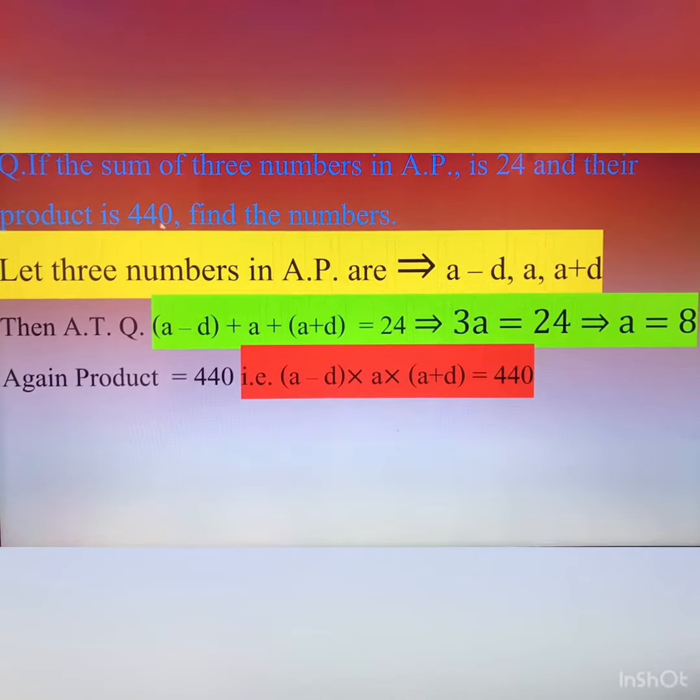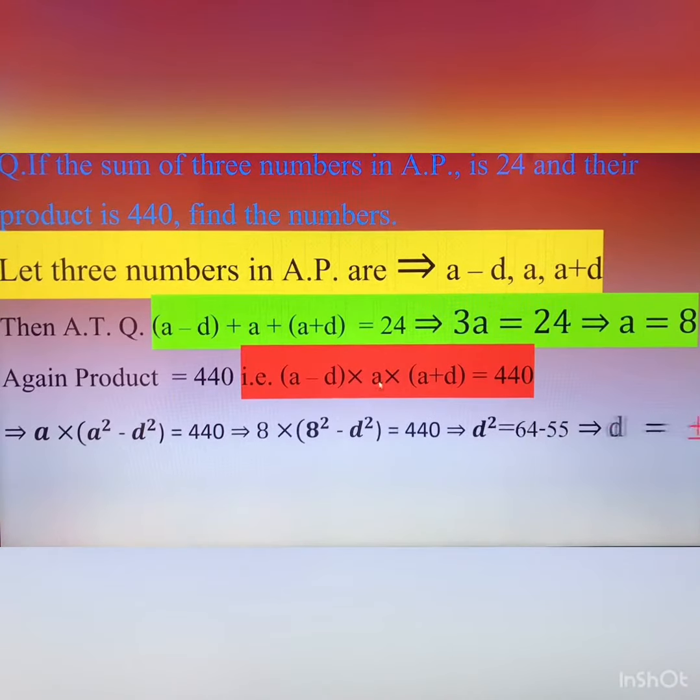After that the product is given as 440, so a minus d into a plus d equals 440. This is the product according to the second condition. Because here is a plus d and a minus d, you can apply the formula a plus b into a minus b, that is a square minus b square.